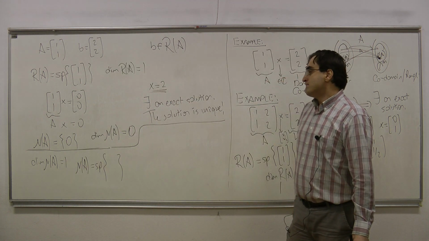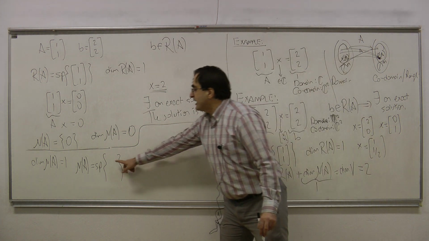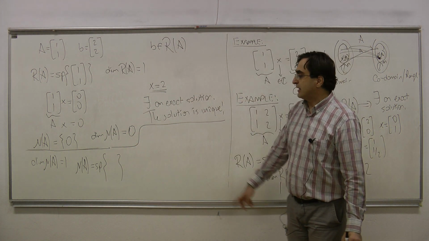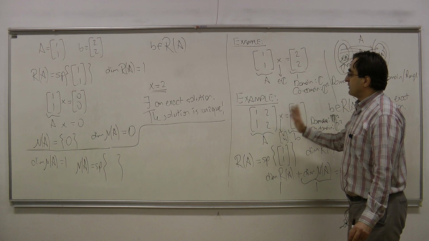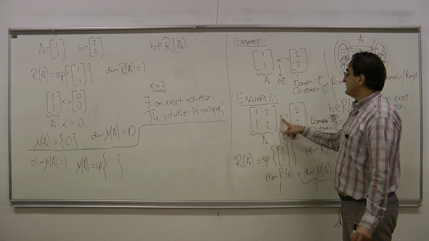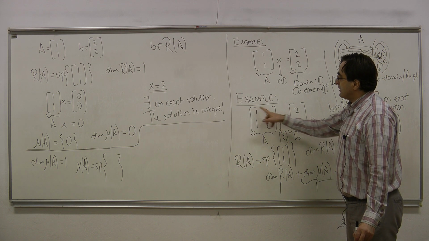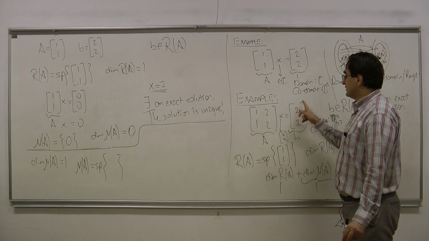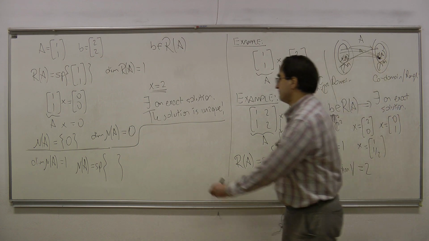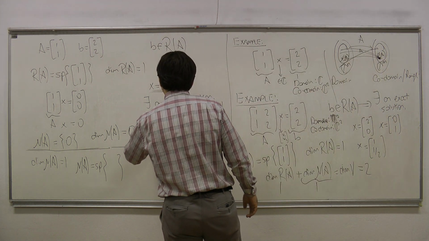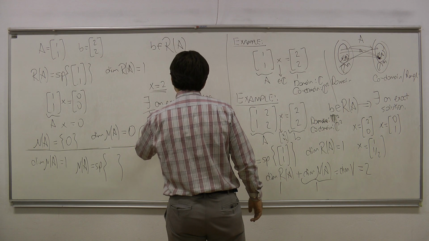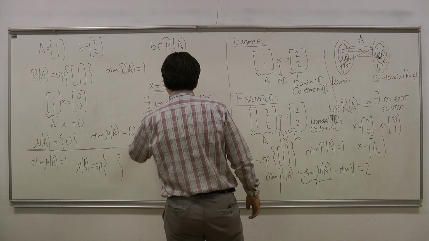So for me to find the basis set for the null space, it is sufficient that I find only a single non-zero vector x, which when I multiply it with A would give me 0, 0.